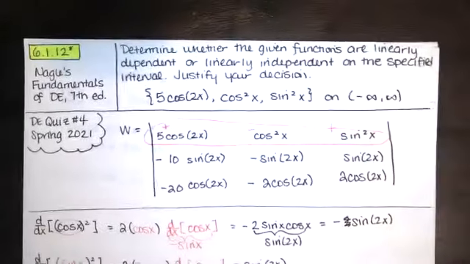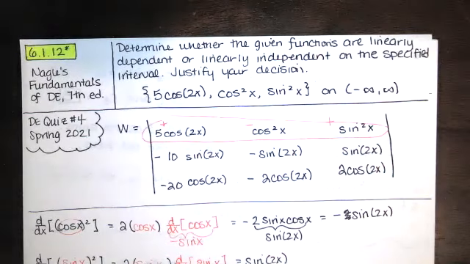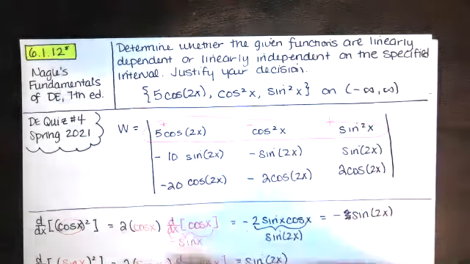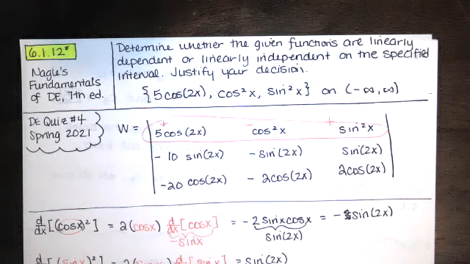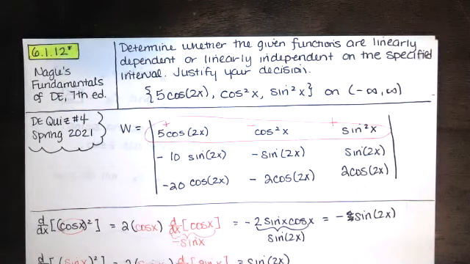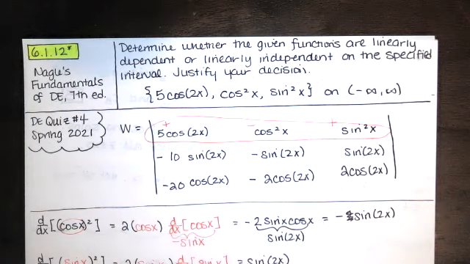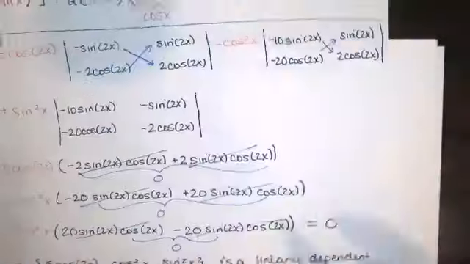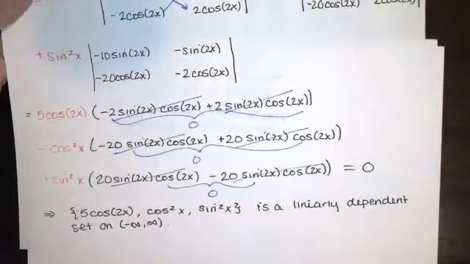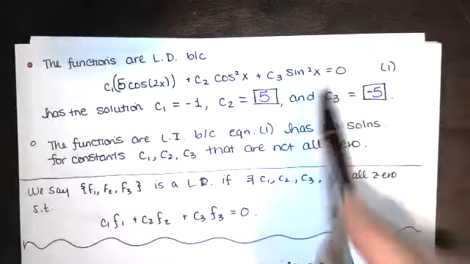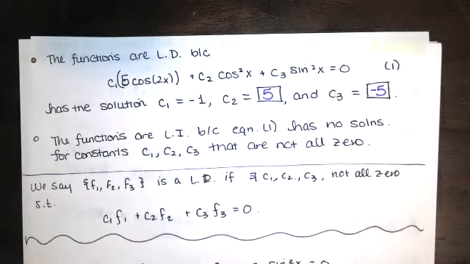When you're trying to determine whether the functions are linearly dependent or linearly independent, you can either use the Wronskian and show that it's either 0 or not 0. If it's 0, they're linearly dependent. If it's non-zero, they're linearly independent. We showed that the Wronskian is 0, so they're linearly dependent. Or you can find the values of C1, C2, and C3 that make this equation true, where C1, C2, and C3 aren't all 0 at the same time.